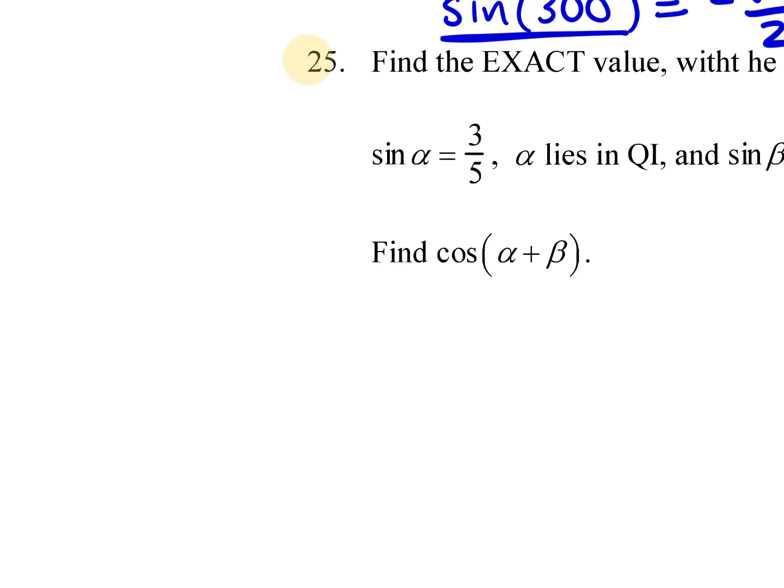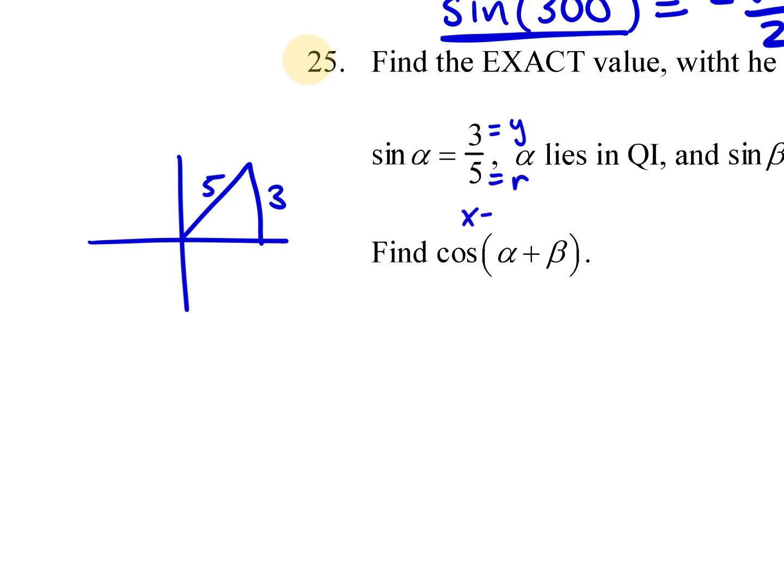So in the first one, sine is what over what? 3 over 5, but what over what? Y over R. And it says it lies in the first quadrant, so let's draw it. So here's our triangle. Our Y is 3, R is 5. How do we find X?